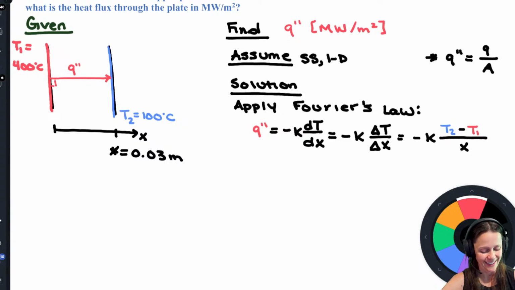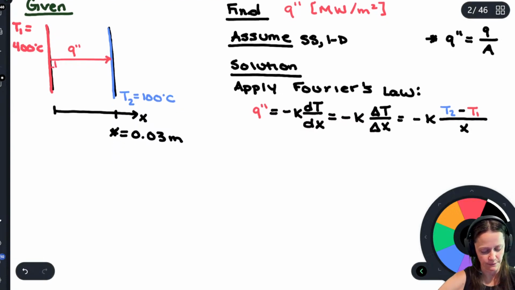Steady state is kind of self-explanatory. One-dimensional just means that you only have heat transfer in one direction. Here it's pretty obvious, since heat transfer takes place perpendicularly to isotherms, that it's only going to be in that X direction. We will work problems where we have heat transfer in 2 directions, not 3, but 2. We'll see how to deal with that.